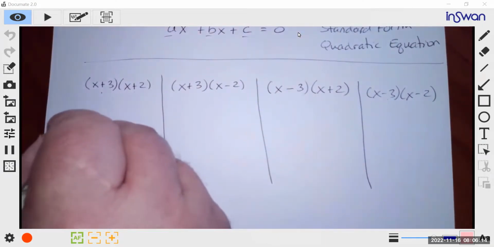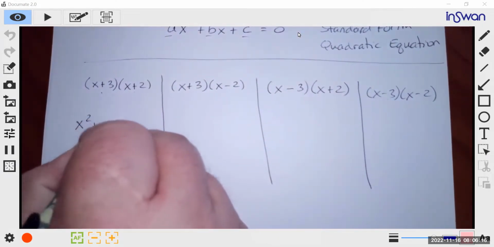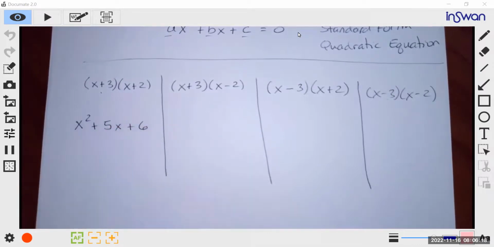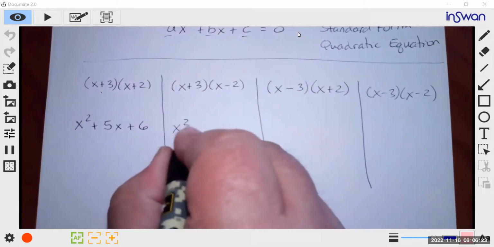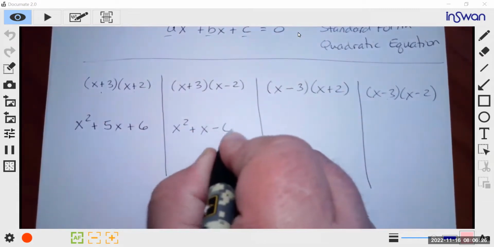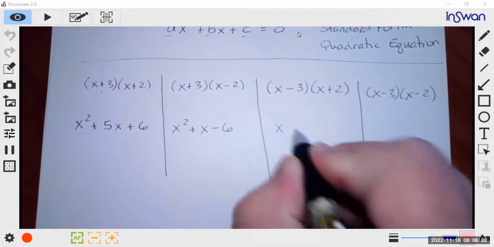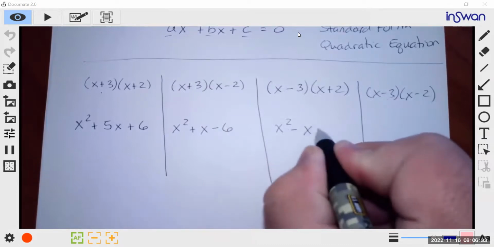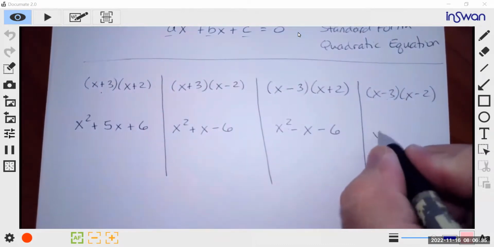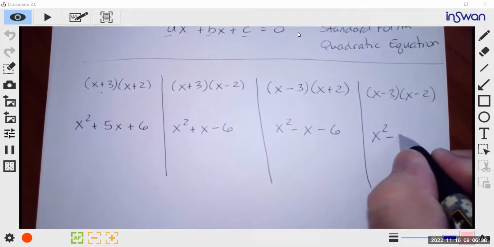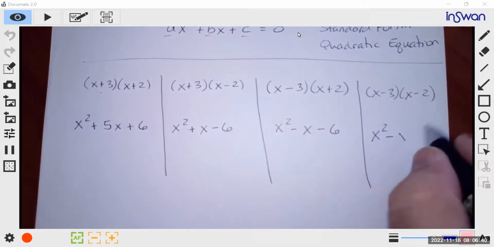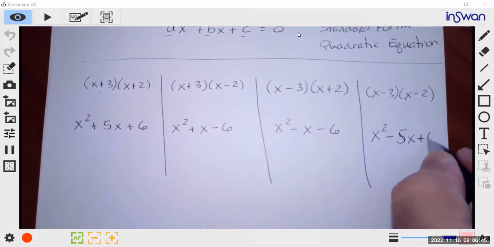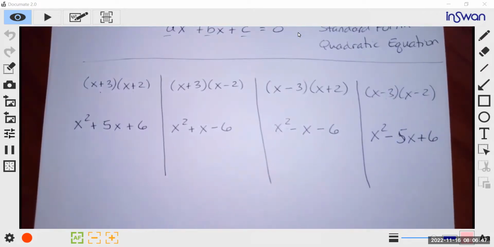And we ended up with this product in the first one, and that in this one, and there, and that one there.